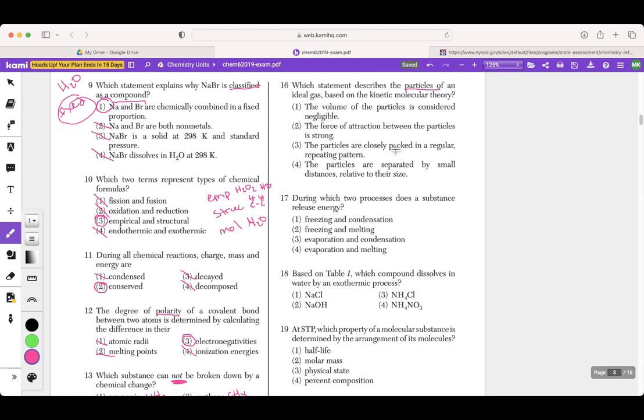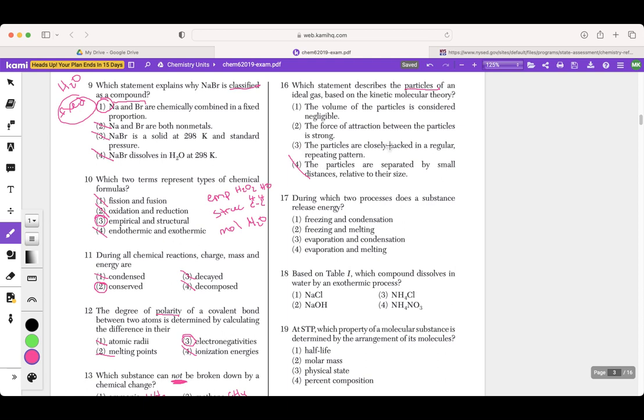So according to kinetic molecular theory, I don't really have a volume. There's no force of attraction between the particles, and they're moving in straight line random motion. Those are the 3 pillars of kinetic molecular theory of ideal gases. So working backwards, particles are separated by small distances? No. Gases have large distances between the particles.